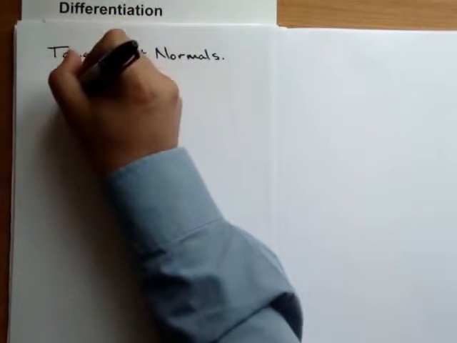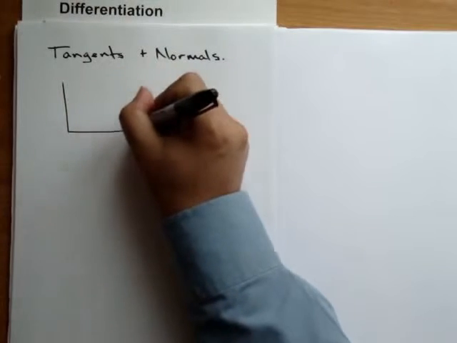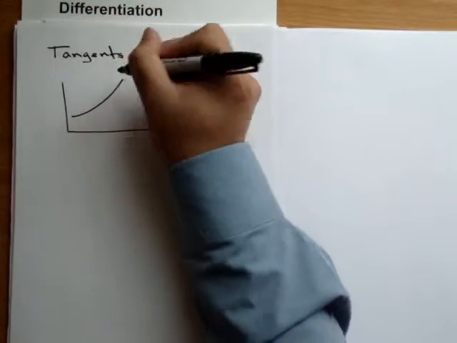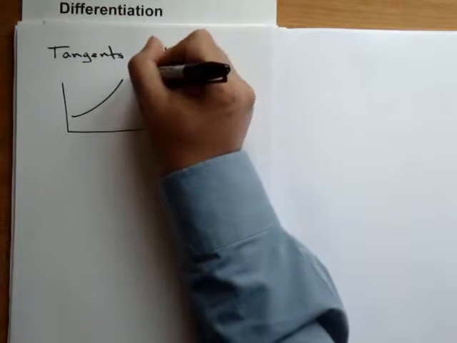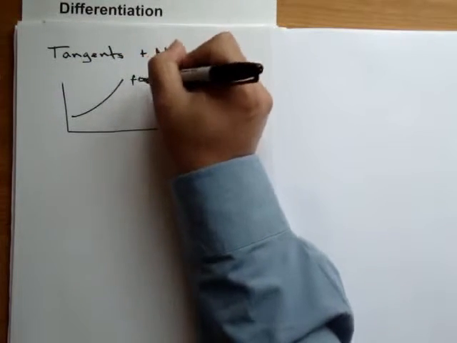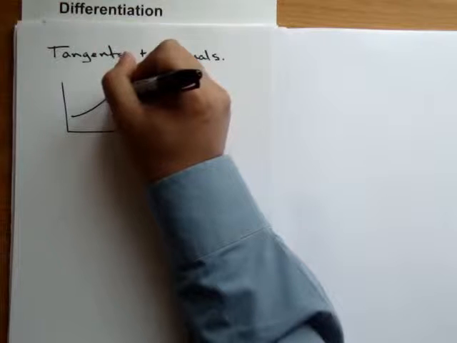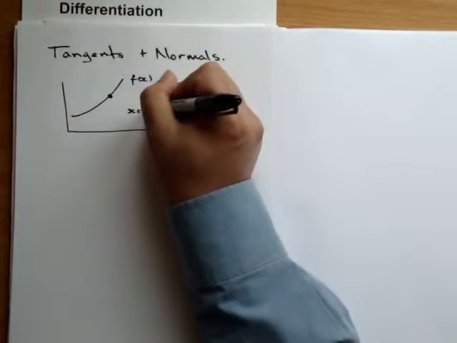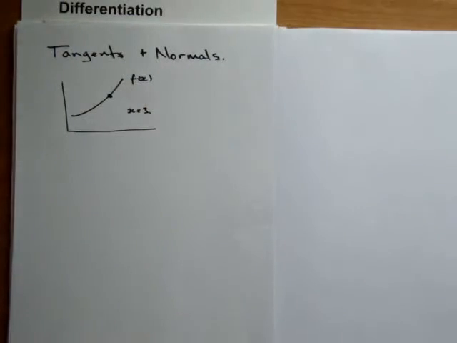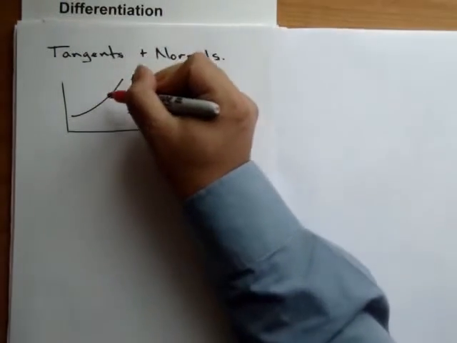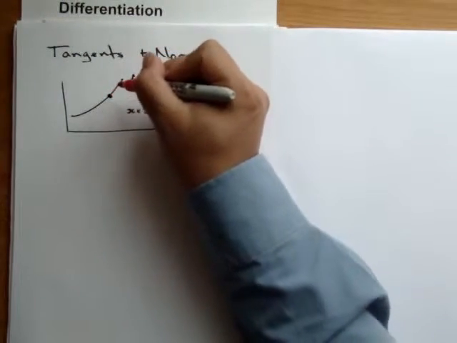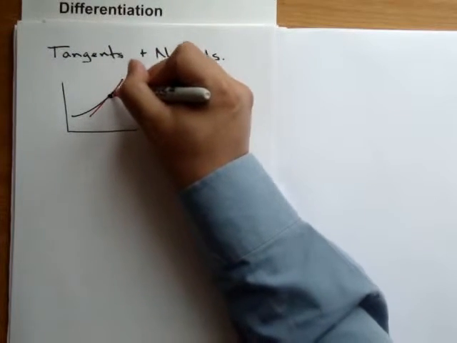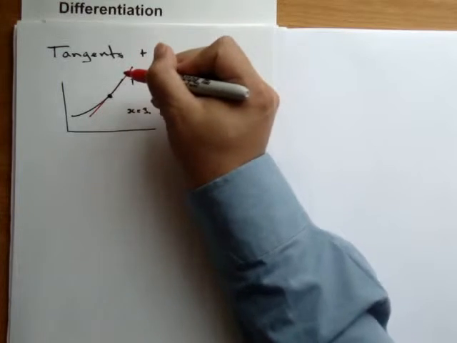So if we have a graph of a curve, so that's the curve, which is f of x, and a point on the curve where x equals 3. Then the tangent to the curve would be the gradient at that point where x equals 3, and it would be something like that, which is the red line.